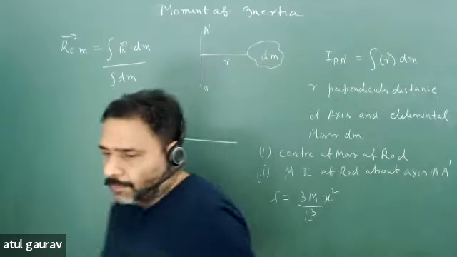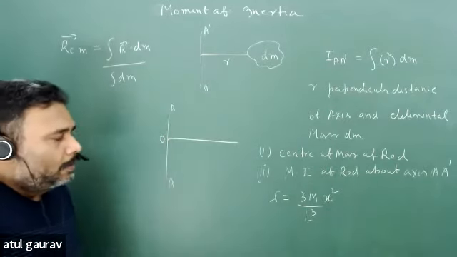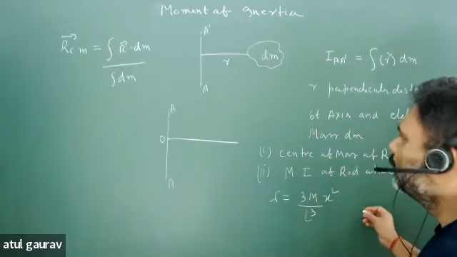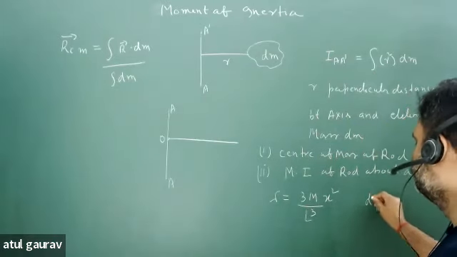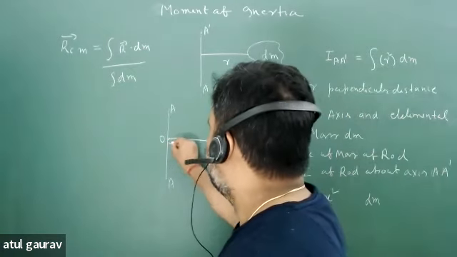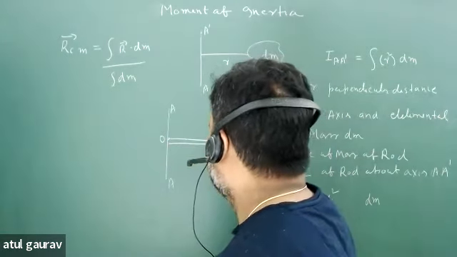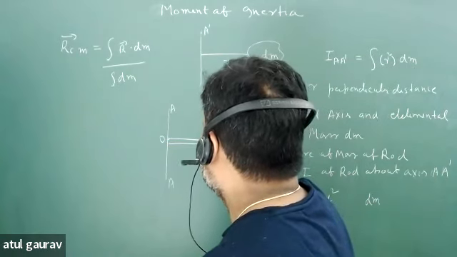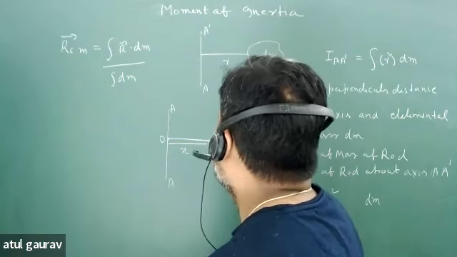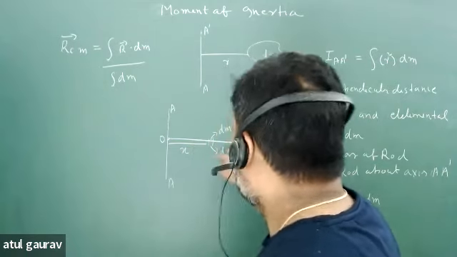So obviously here, what will be dm? The main thing is how you will calculate the dm. So here, what we will do is take the elemental mass dm at distance x in a length dx. What is the meaning of that?